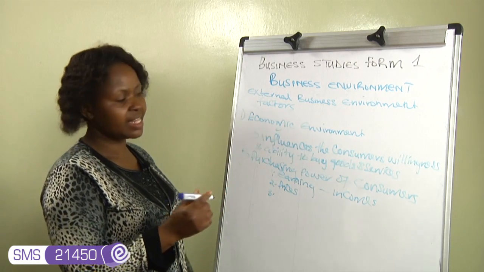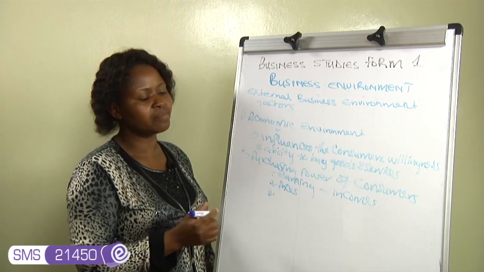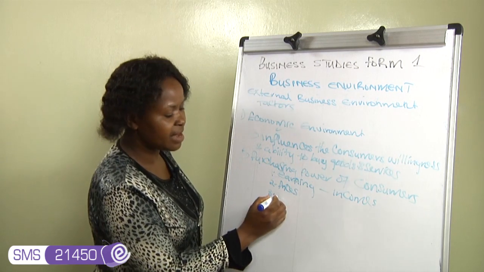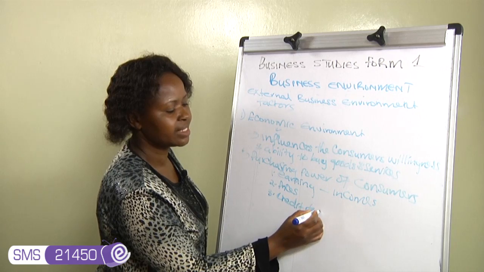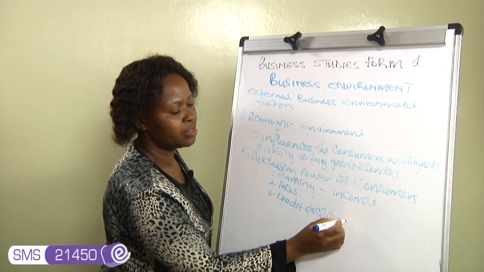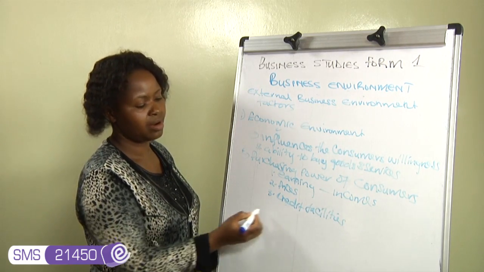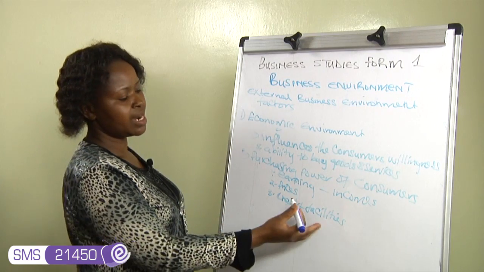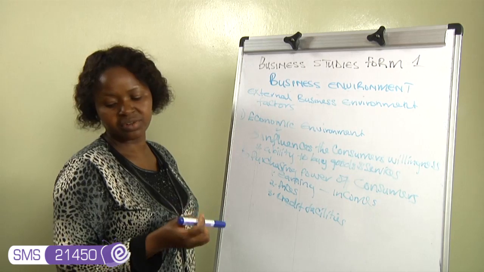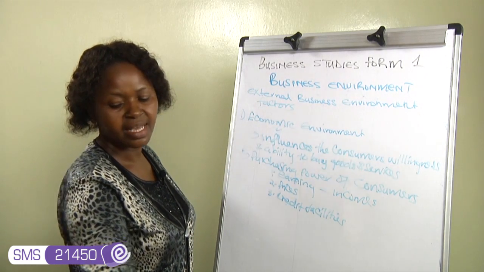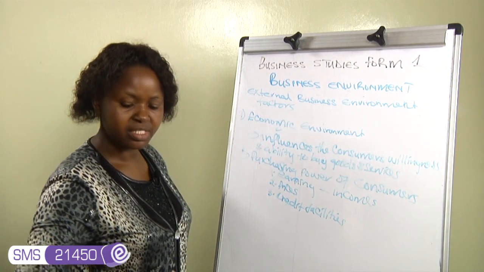The third factor that influences the purchasing power of consumers is availability of credit facilities. Because you can buy goods on credit, you can acquire some credit or loans in order to buy goods and services that you need.